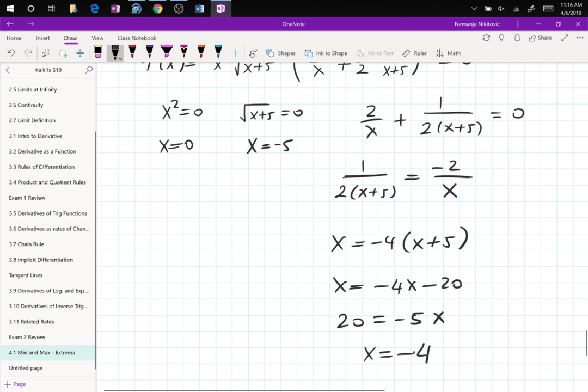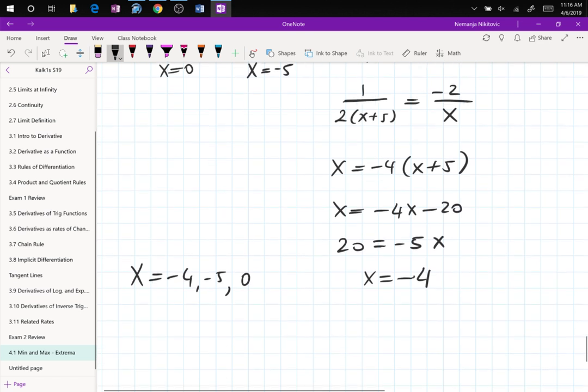So I have x equals negative 4, negative 5, and 0. I have to find the y values. Maybe if I put them in order, huh? Put negative 5 first, then the next up is negative 4. So y is equal to f of negative 5. Doesn't x plus 5 have to be under a root?